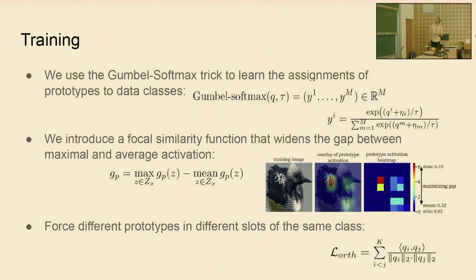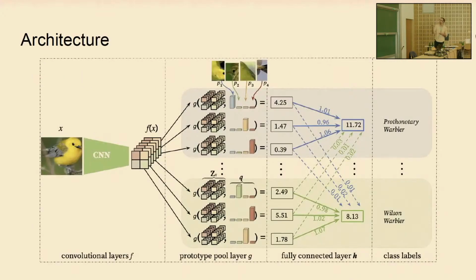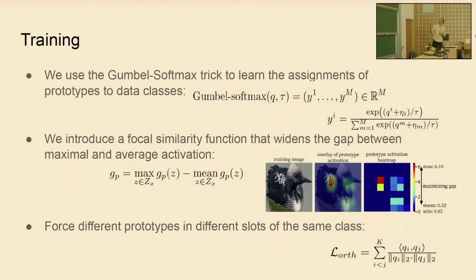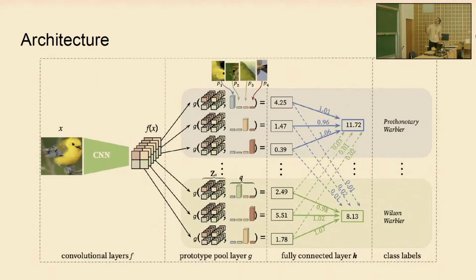And for this, we used a few things. For example, first of all, we used the Gumbel softmax trick to make those slots one hot, right? We also wanted to differentiate between slots, so we did not want prototype P1 to be assigned to all the slots of the class.